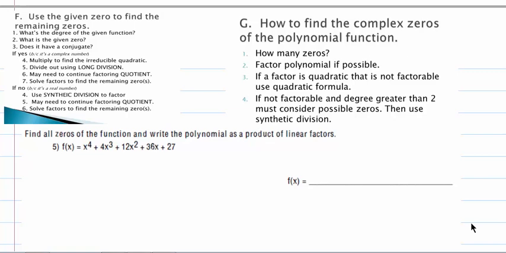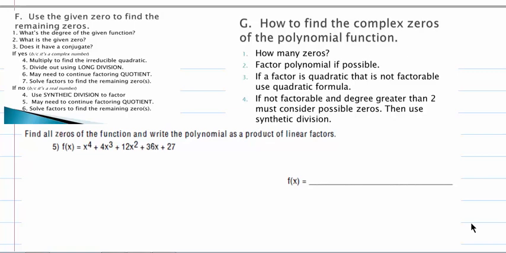So the examples that we're going to look at are how to find complex zeros of a polynomial function. First thing, how many zeros are there? Number 2, factor the polynomial if possible. If a factor is quadratic that is not factorable, you're going to have to use the quadratic formula to figure out what the factors actually are.